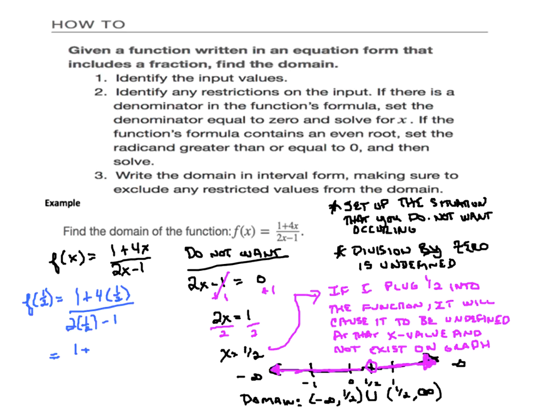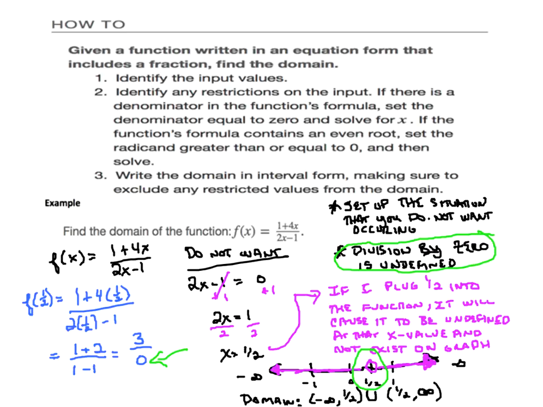So 1 plus, okay, 4 times 1/2, so 1/2 of 4 is 2. 2 times 1/2, 1/2 of 2 is 1, and then I have minus 1. So I get 3 over 0. There's the problem. I can't have 0 in my denominator because division by 0 is undefined. So I cannot include 1/2 in my domain.